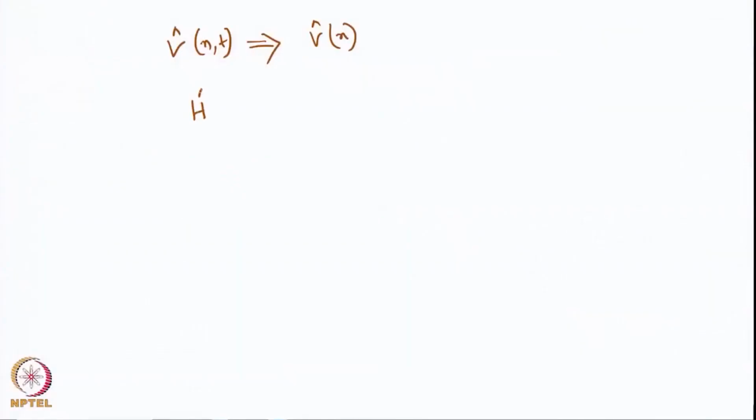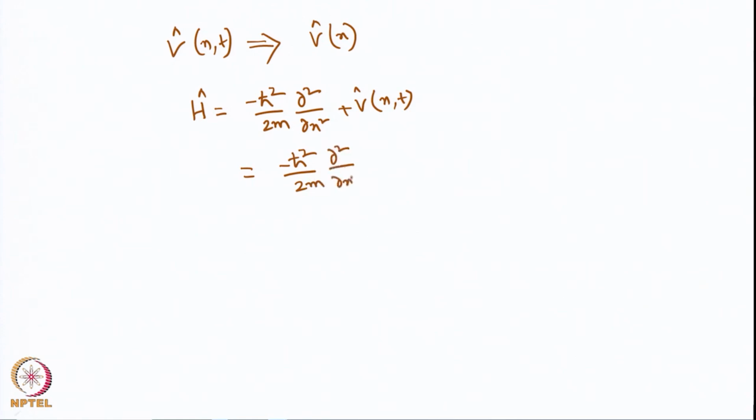Therefore, H, which was minus h bar square by 2m d square by dx square plus V of x comma t, can be written as minus h bar square by 2m d square by dx square plus V of x.